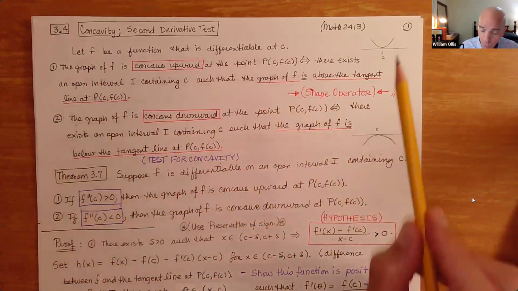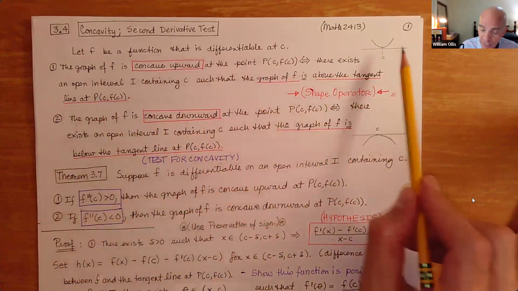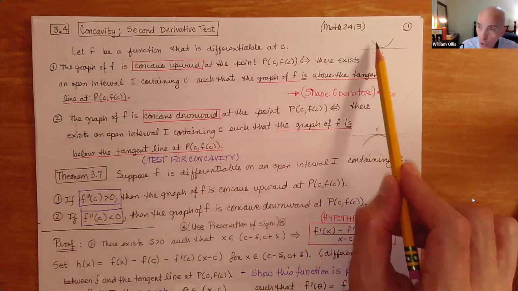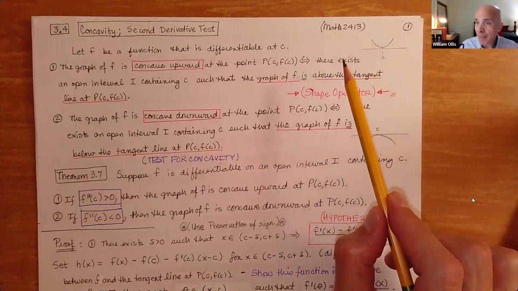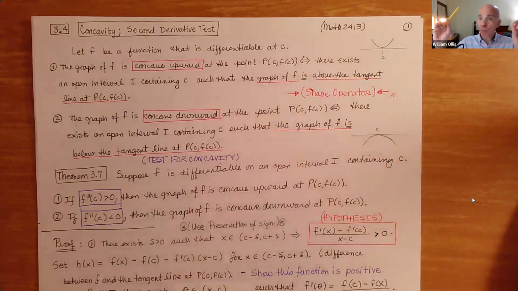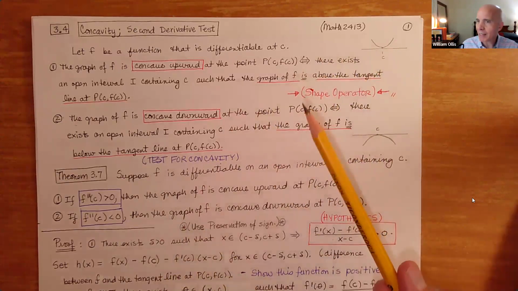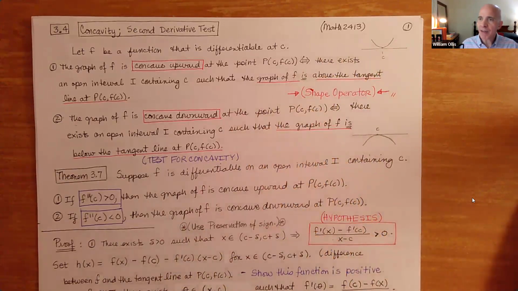So when you think of this, you can think of the tangent line as being here and the graph as curving away, so to speak. That is concave upward, away from the tangent line in the upward direction. So sometimes we can think here that the curve is smiling, or that we have a shape of the curve that maybe sometimes we would infer, but we would really have no reason mathematically for doing it.